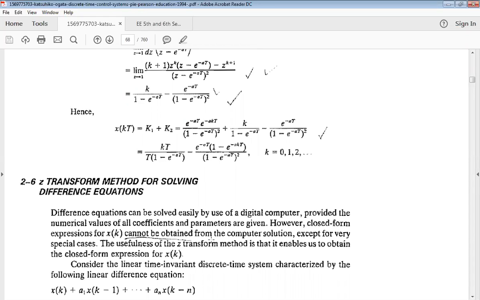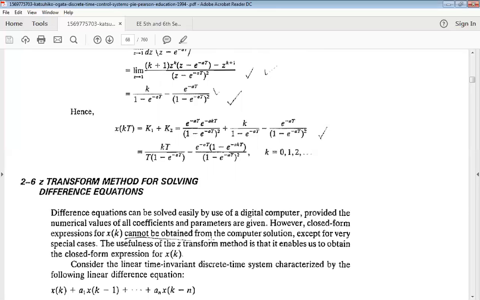Suppose y(t) is the output and x(t) is the input. So there is a physical relationship between input and output. We can represent it in terms of a differential equation of output and input. And using Laplace transform, we have to solve the differential equation and find out the transfer function.